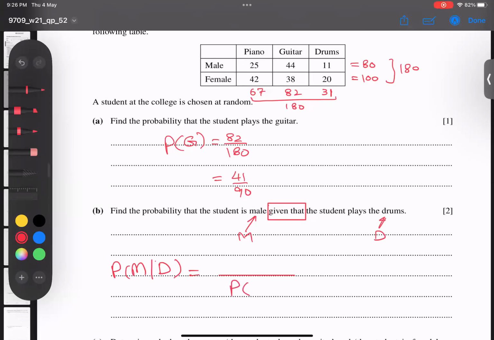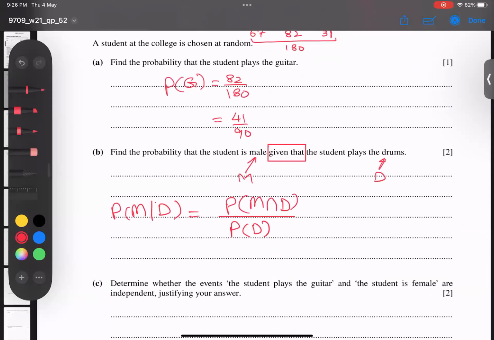So probability of drum goes in the denominator, and in the numerator we take the common probability between them, the probability of male and drum. Intersection means and.